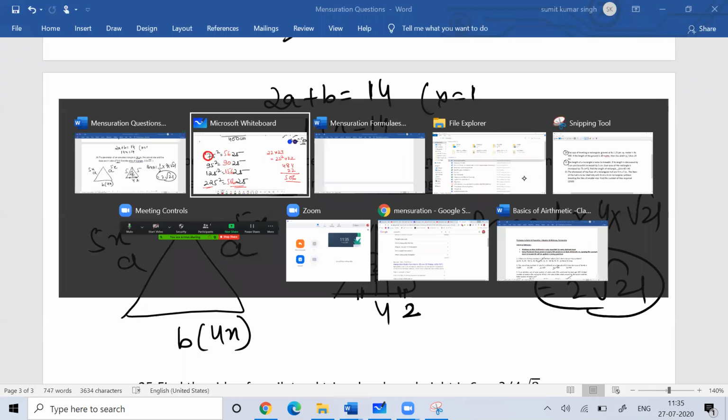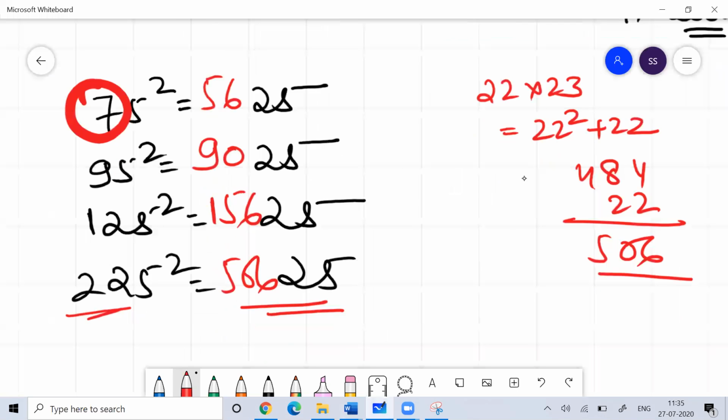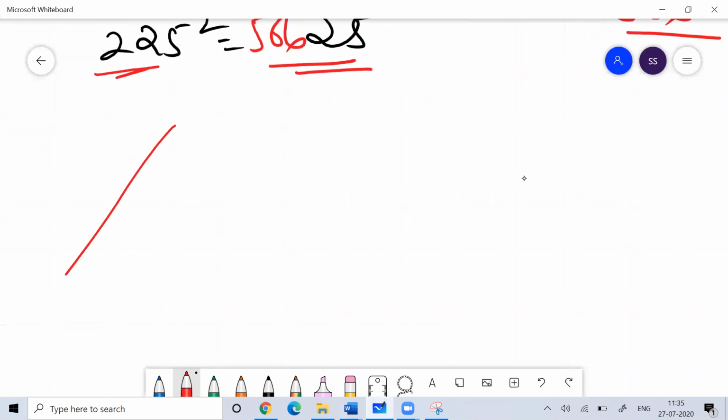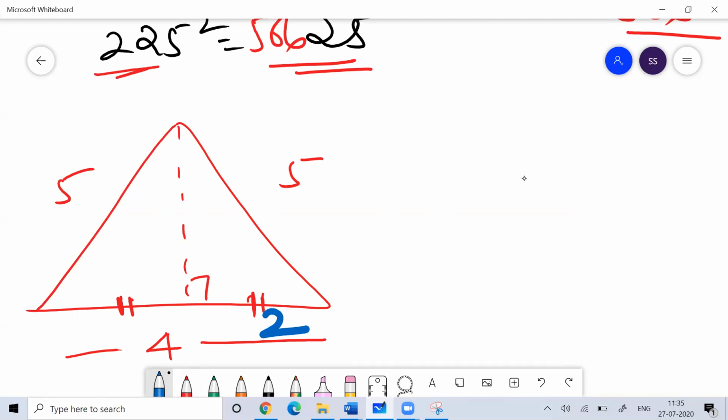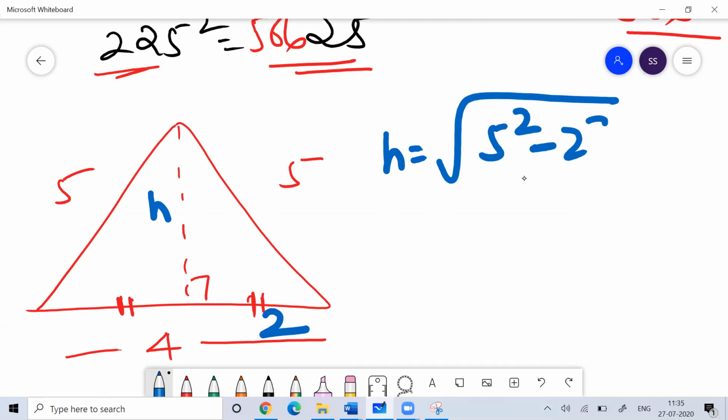Otherwise there's a formula, but why complicate the situation? Understand, if this is an isosceles triangle, this is 5, this is 5, and this is 4. If you draw a height on this, it will bisect the base, so this will become 2. Then you can find this h. h is nothing but the square root of 5 square minus 2 square.